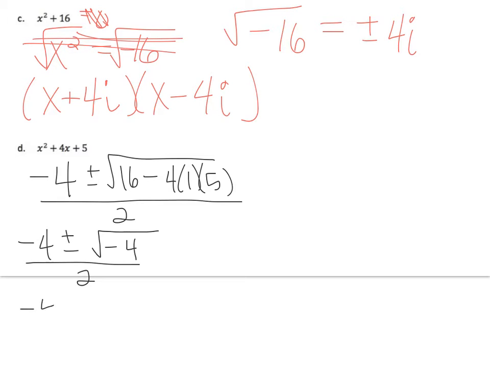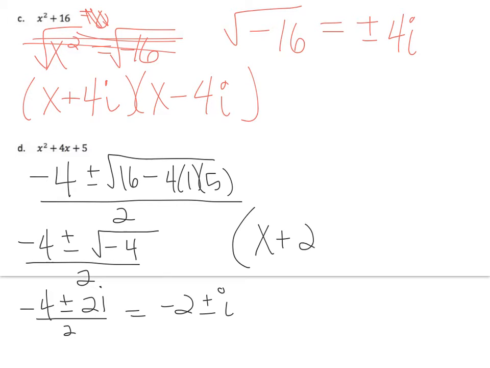So I get negative 4 plus or minus 2i over 2, which simplifies to negative 2 plus or minus i. So if I were to factor that, it'd be x plus 2 plus i, and x plus 2 minus i. There we go, good review.